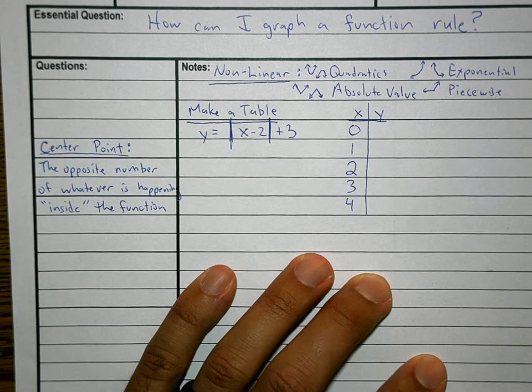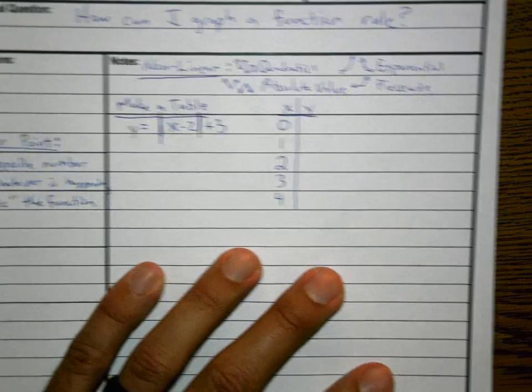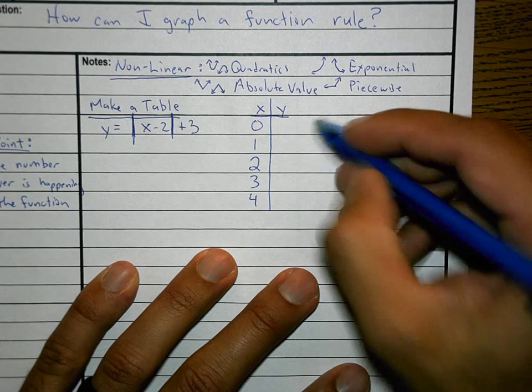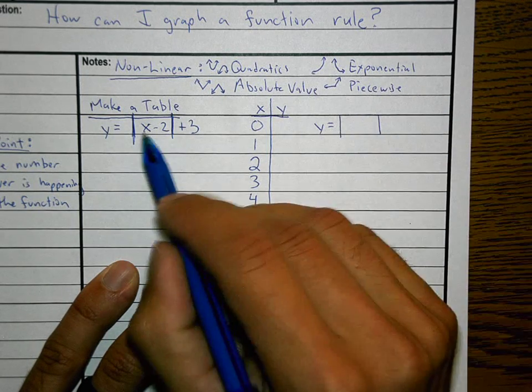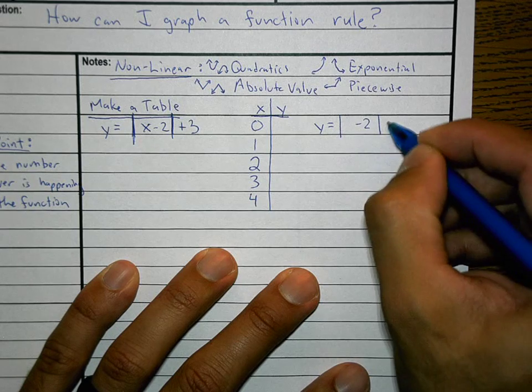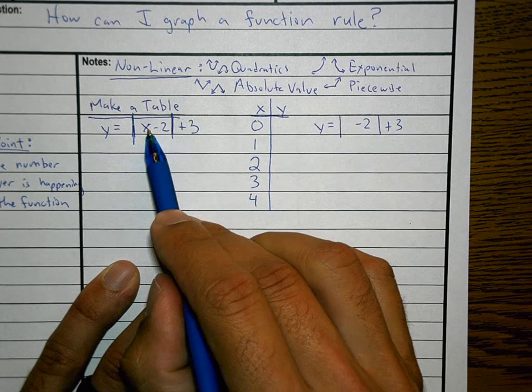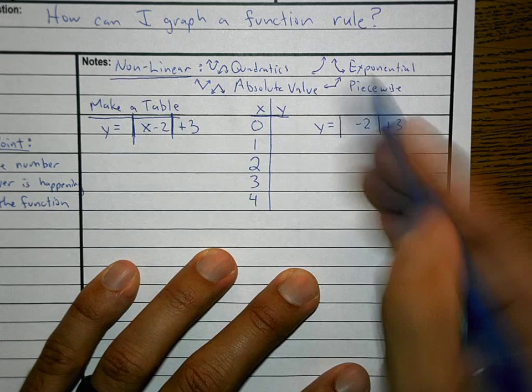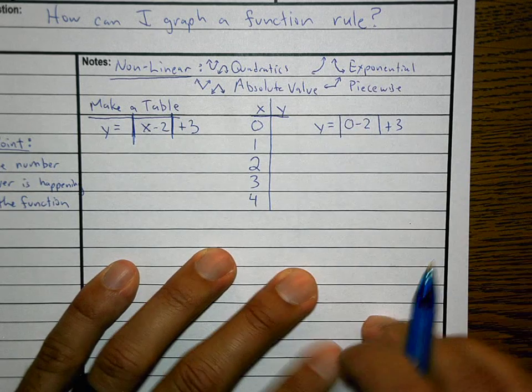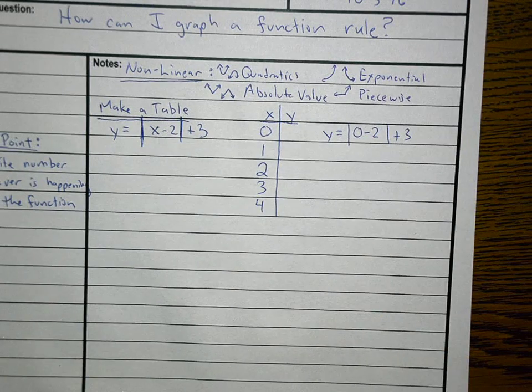What that means is we're going to plug in y equals the absolute value of blank minus 2 plus 3. Instead of x, we're going to plug in 0 for x. And you're going to figure out what that is.